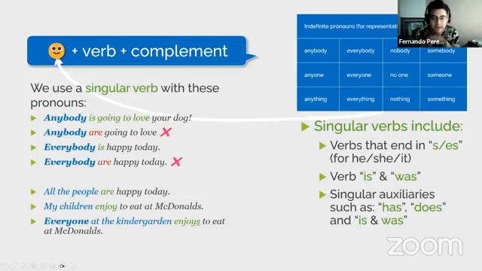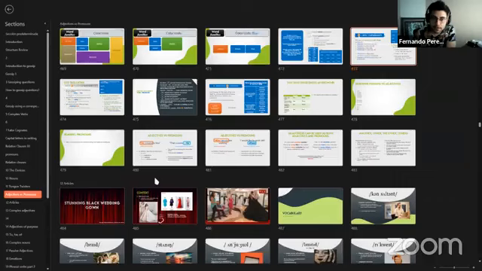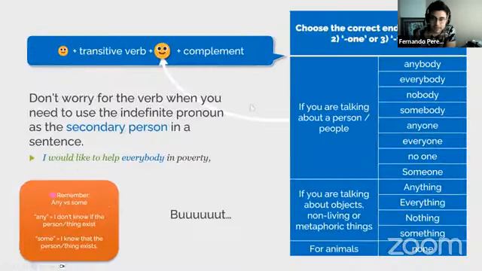Remember that it's singular. You need the verb to be, the corresponding verb to be, etc. All this information, I think I gave you the screenshot. This was a screenshot.